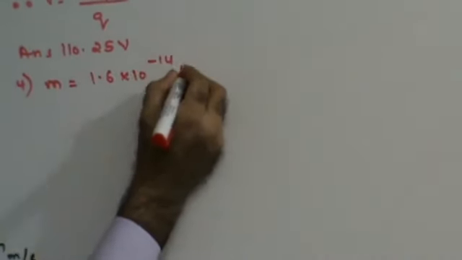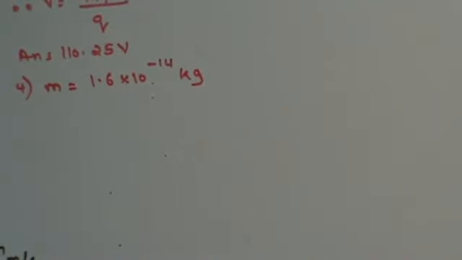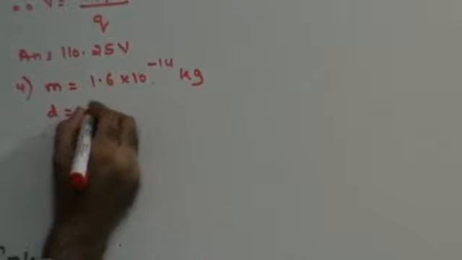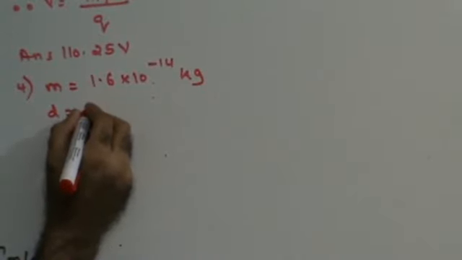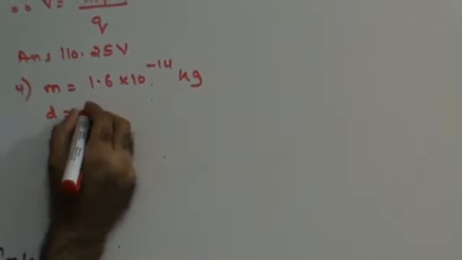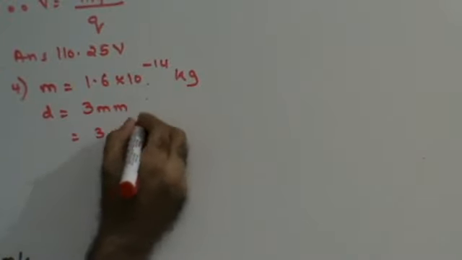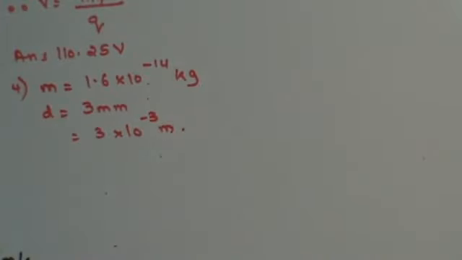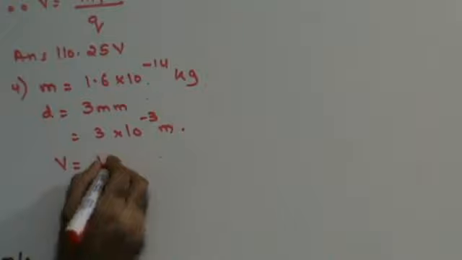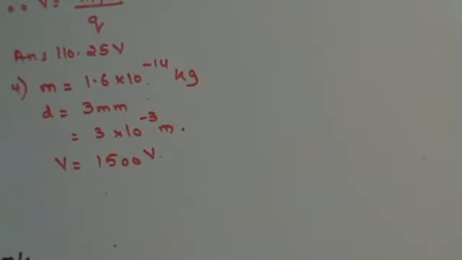It is placed between plates separated by a distance of 3 millimeters when a potential difference of 1500 volts is applied to it. Calculate the charge on the drop.